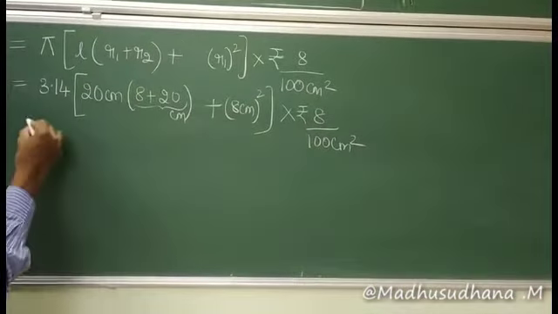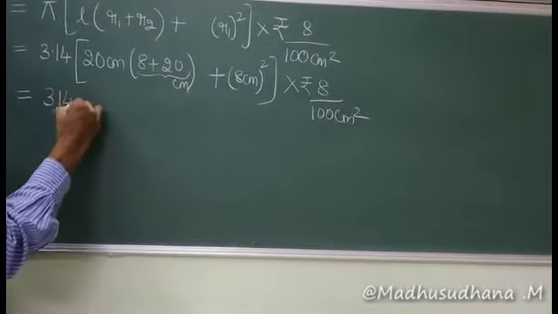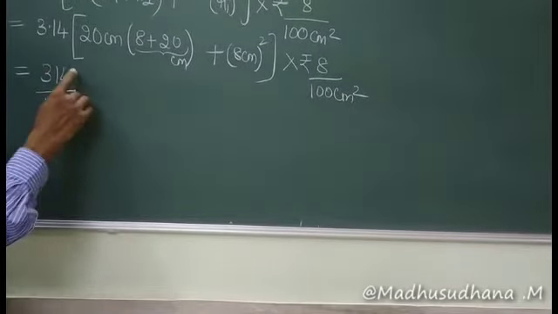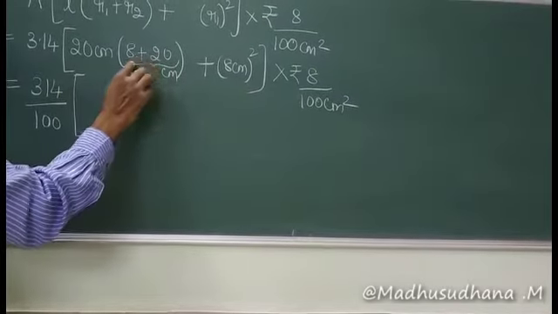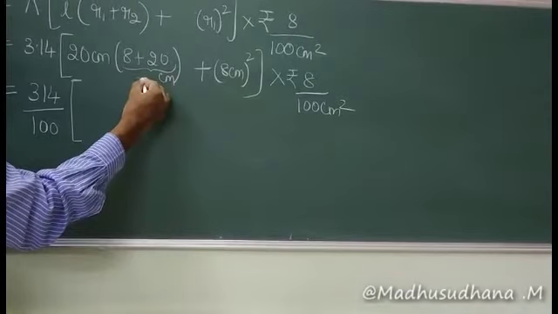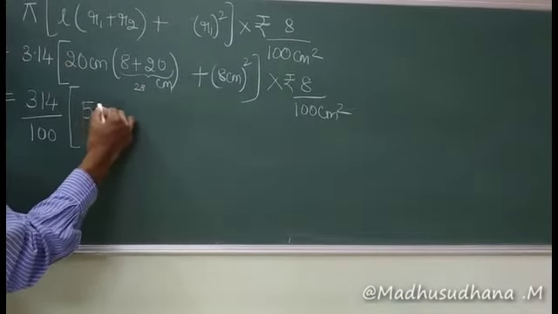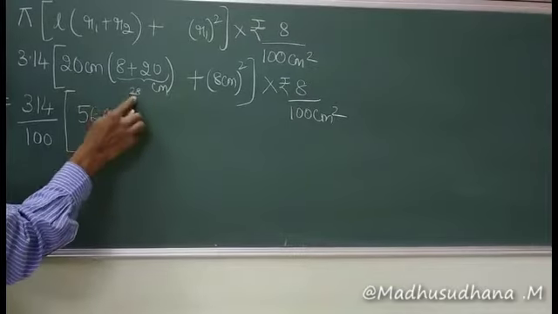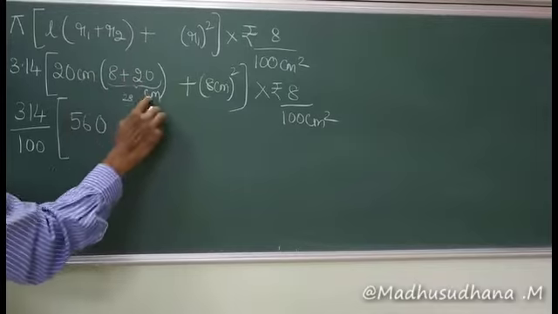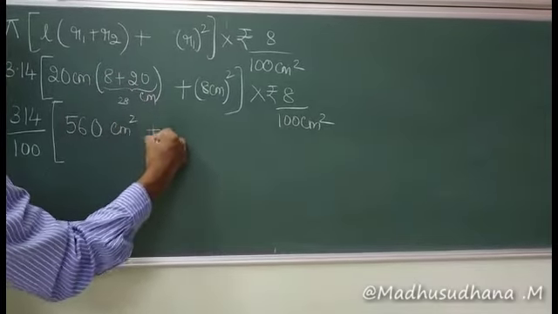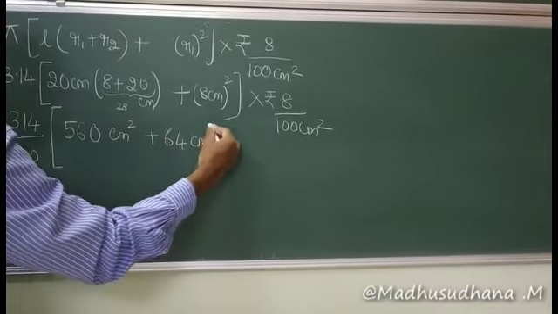Followed it? So now this is equal to 3.14 by 100. I have shown you how to convert decimal to fraction, so here it is 314 by 100. Now 8 plus 20, this is 28. 28 2s are 56, 28 20s are 560 centimeter square, plus 8 square, 8 8s are 64 centimeter square.